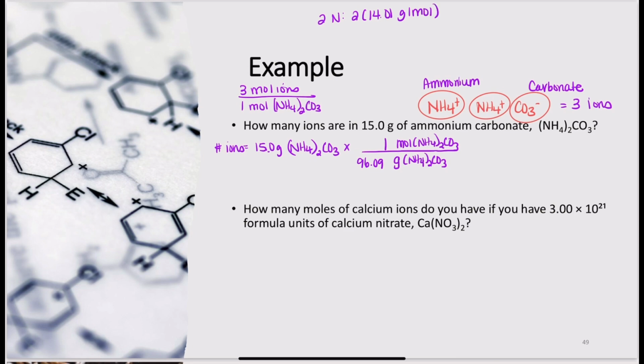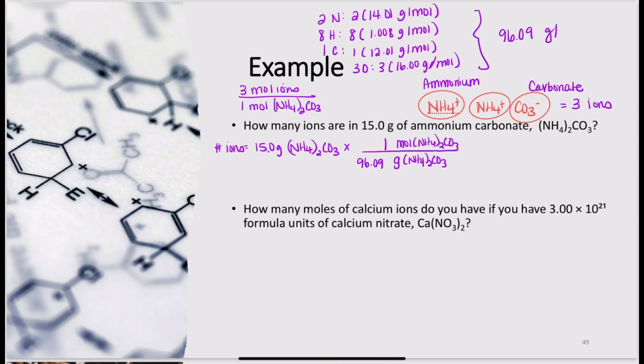I've got overall 8 hydrogens, 8 times 1.008 grams per mole. I've got 1 carbon, 1 times 12.01 grams per mole, and 3 oxygen, 3 times 16.00 grams per mole, which overall adds up to 96.09 grams per mole.